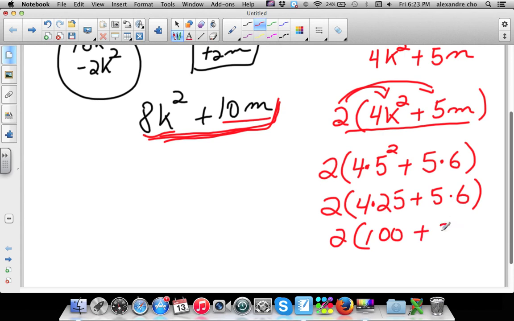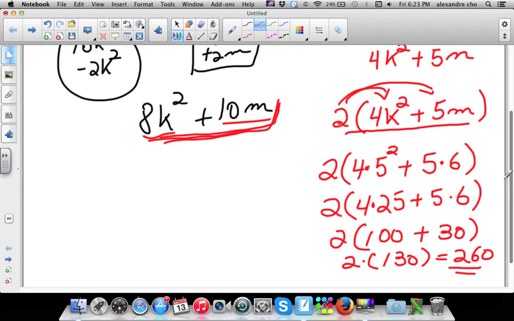Plus 5 times 6 is 30. We're still not done with our parentheses. 100 plus 30 is 130. Okay. Now our final step, we're going to multiply this 2 times the 130, and that should give us 260 as our total. Okay, so this last problem had 3 steps for us to do.